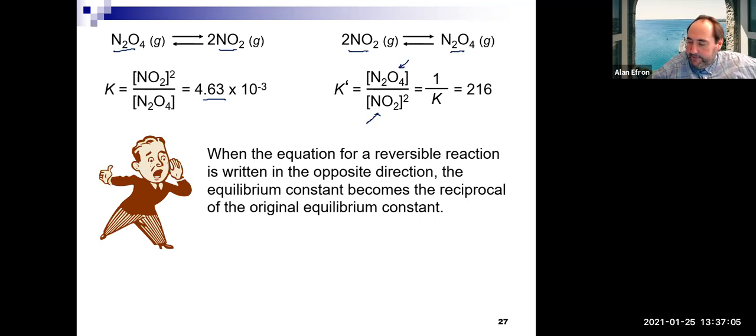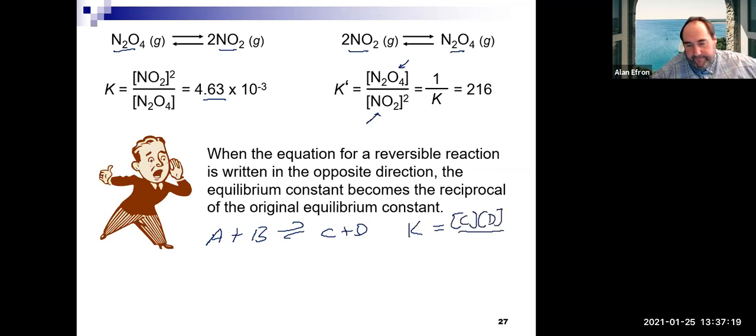So for example, let's just say we had this reaction here, A plus B goes to C plus D. And basically, if we write the K for this, this is C times D over A times B. Now, let's just say that we do not need one of everybody here, but we actually need two of everybody here.